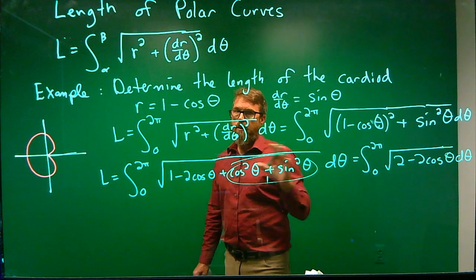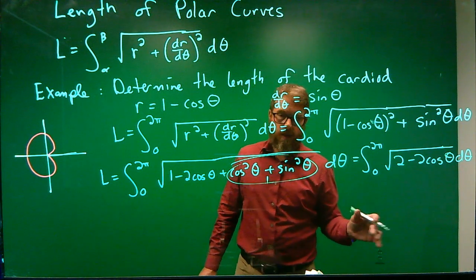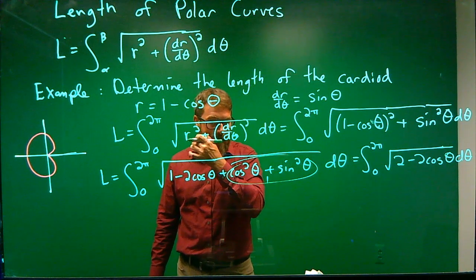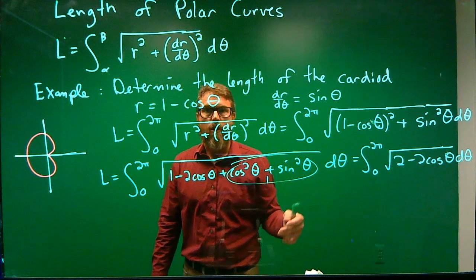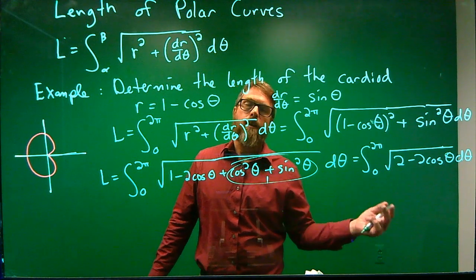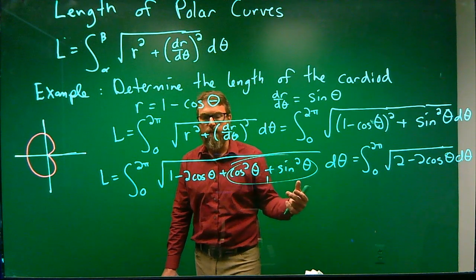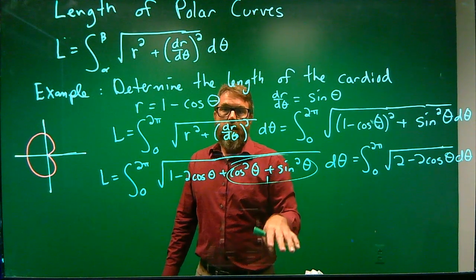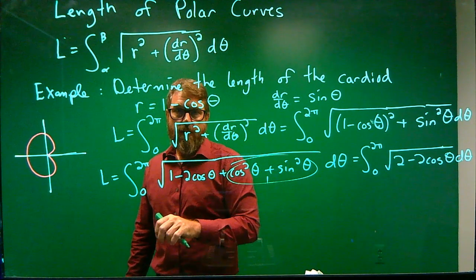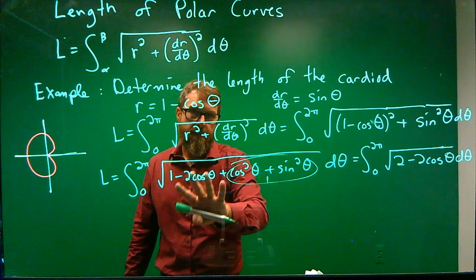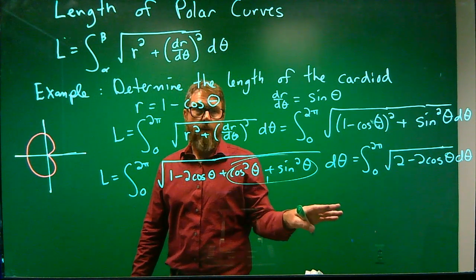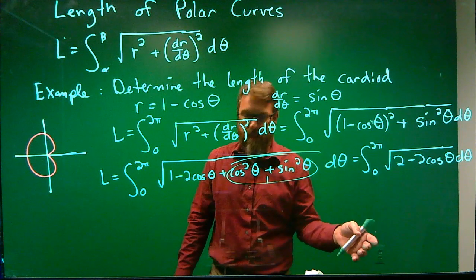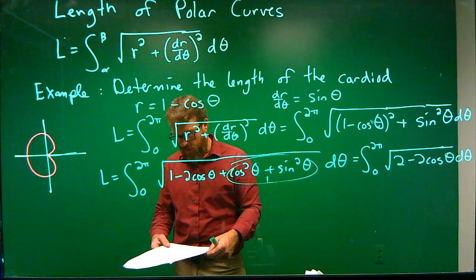Now, a lot of times in our lengths, even in the beginning of Calc 2, when we were trying to find the length of rectangular curves, y equals f of x, or x equals f of y, or their parametrics, we had the square root of an expression, and half the time you would notice that the radicand was a perfect square, or in order to integrate it ended up being some type of u substitution.